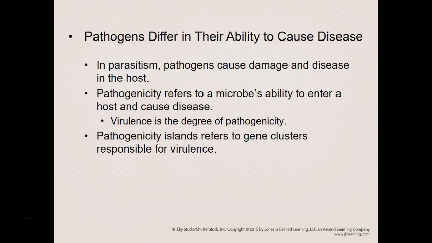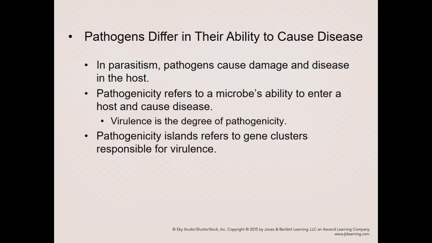So we know that most of these microbes are really beneficial to us. Let's focus on those microbes that are not beneficial to us, the parasitic ones. In parasitism, pathogens are going to cause damage or disease to the host.